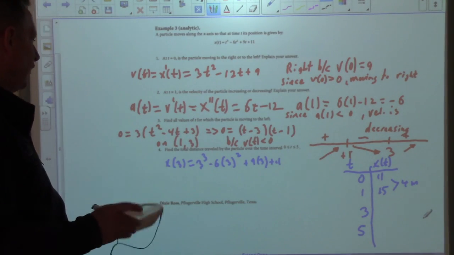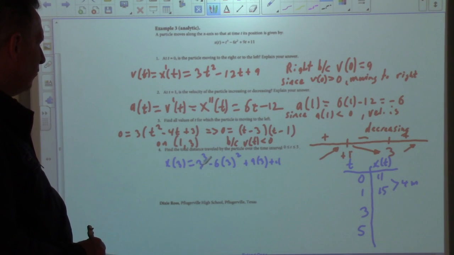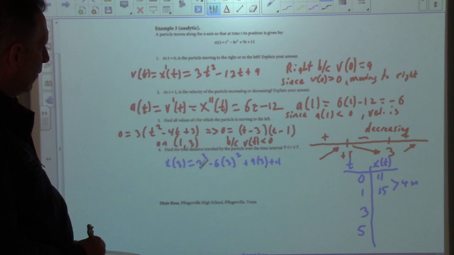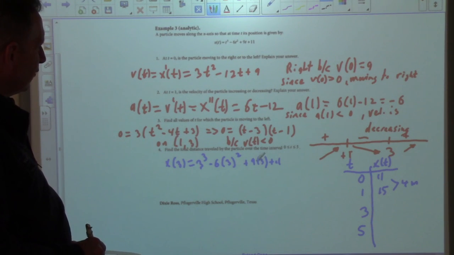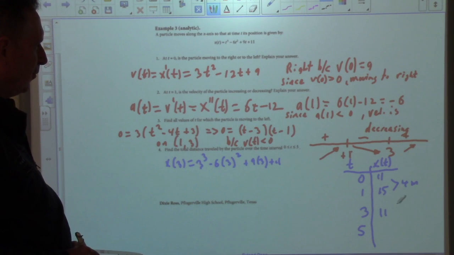So just think of these things as you go because that'll help you. So we have 27 minus 6 times 9, 27 minus 54, negative 27, plus 27, so that's going to be 0, right? Plus 11, so we're back to 11 here, right?